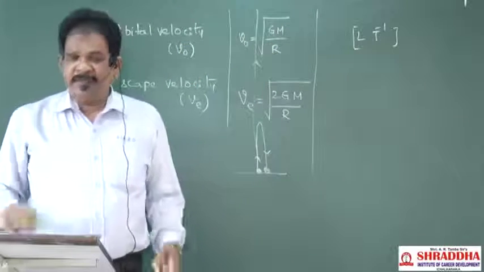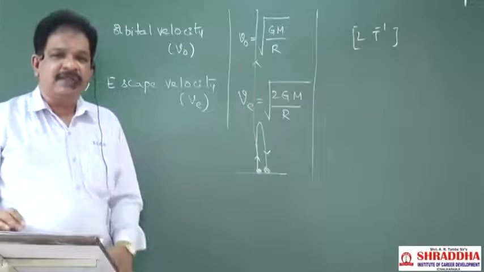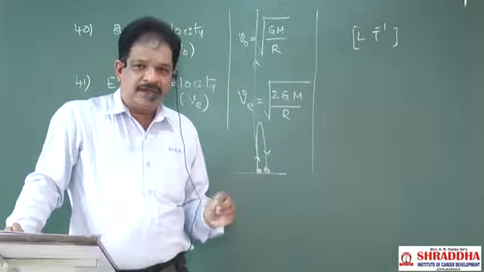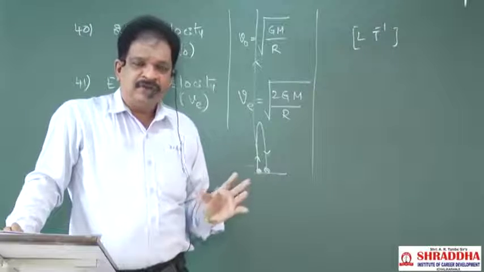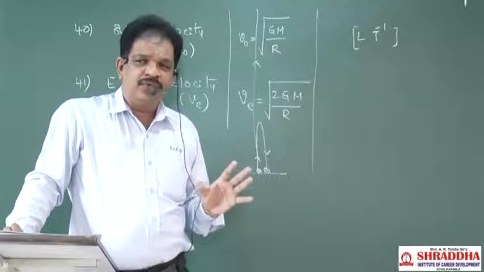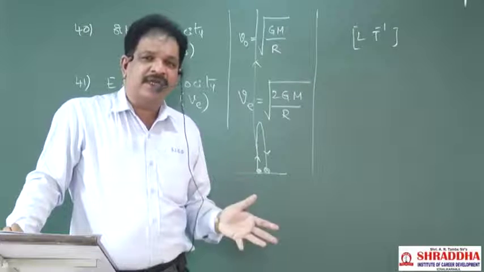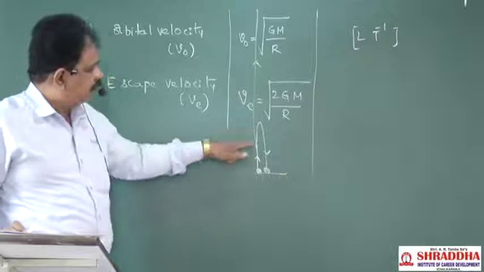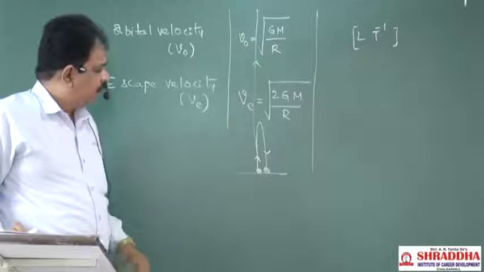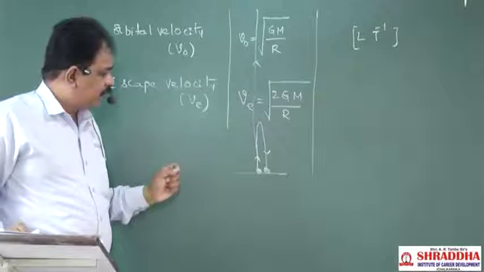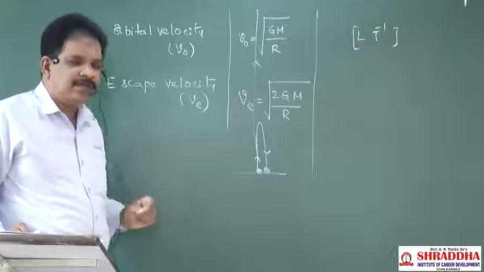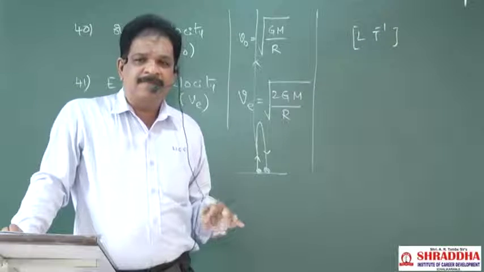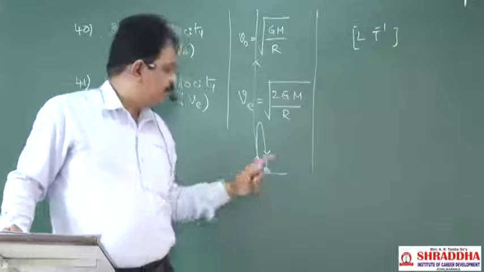That velocity will be called the escape velocity: the minimum velocity required for a body to escape from the Earth's gravitational force.